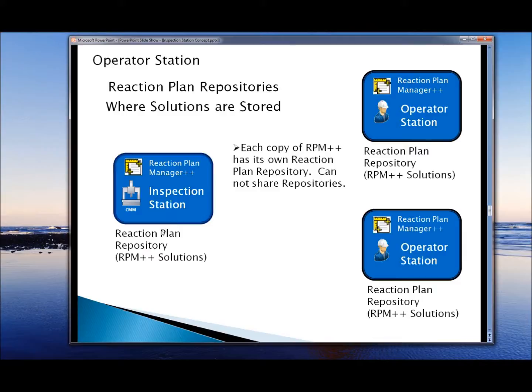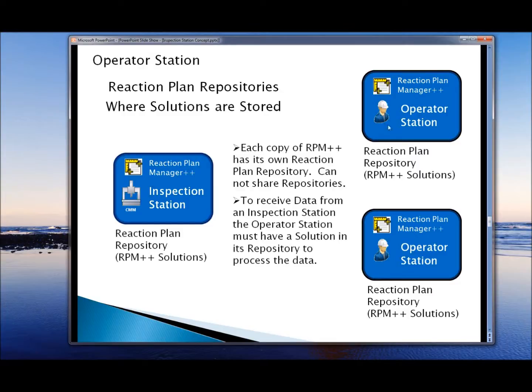You cannot share repositories. So I have to have a unique repository for the inspection station and for each operator station. To receive data from an inspection station, the operator station must have a solution in its repository to process the data.